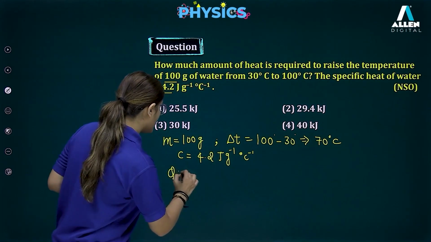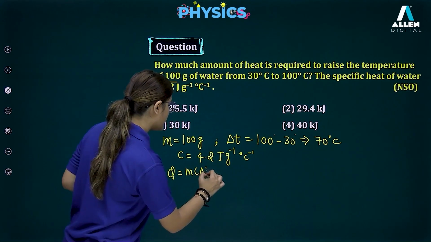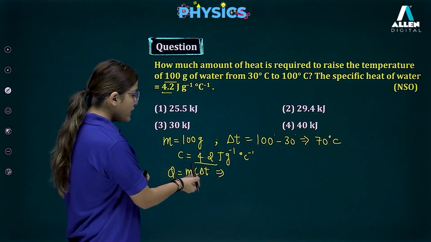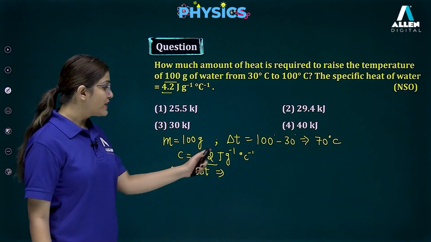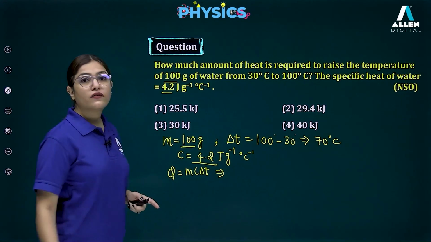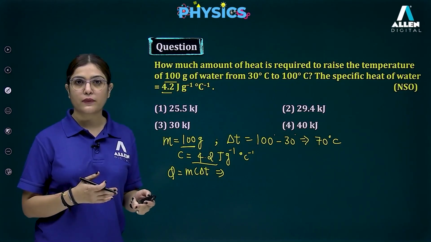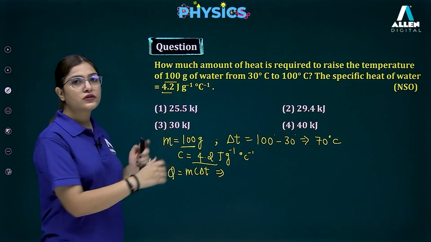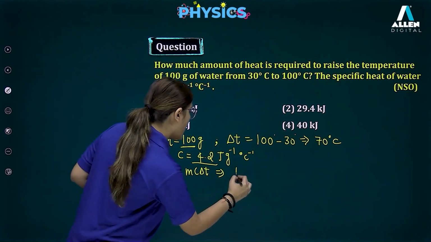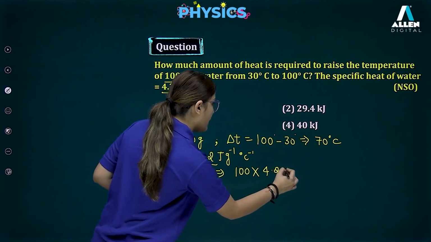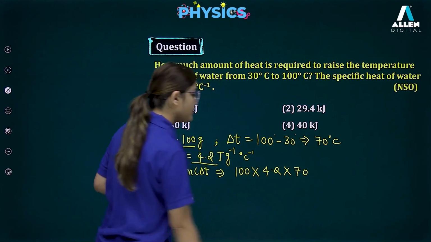Now we all know that Q is equal to m c delta T. Put the values in the formula. Here C is equal to 4.2 joule gram inverse degree Celsius inverse, and that is the reason I didn't change the value of mass into kilogram. I just placed the same value which is given in the question in terms of gram: 100 multiply 4.2 multiply 70.